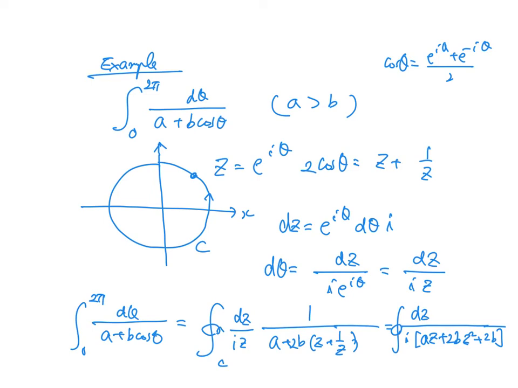So cosine theta has to be, 2 cosine theta has to be z plus 1 over z. Oh, so actually I made a mistake. So it has to be one half, right?